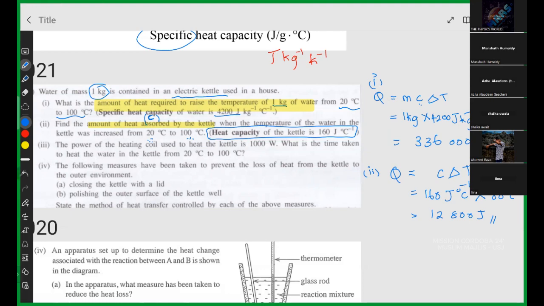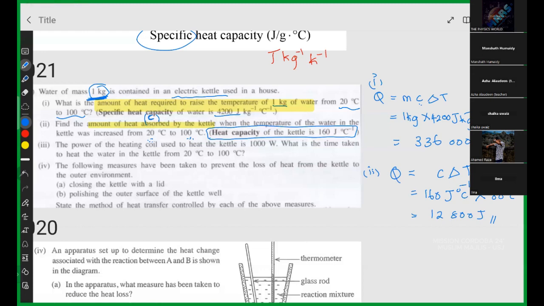First one is, they are asking you the heat absorbed by water. They directly didn't mention heat absorbed by water, but the heat required to raise the temperature of water. So you're going to use the same equation, mc delta T. Keep this in mind. For all these types of questions, you have to use mostly the same equation. 1 kilogram of water, the mass is already given.